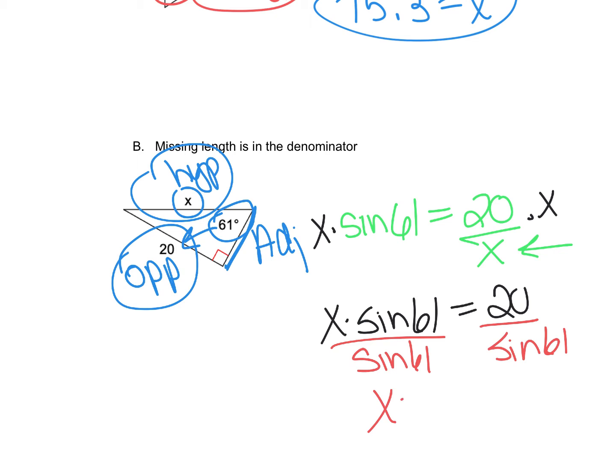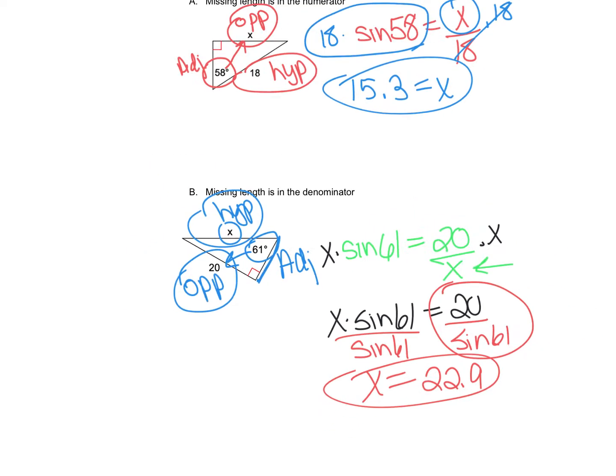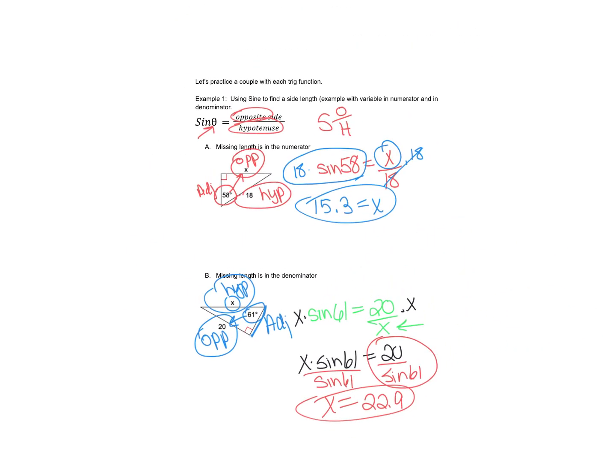So in our calculator, this is what we are going to put in our calculator, 20 divided by the sine of 61, and we get 22.87 or 22.9. Okay, so that's how you use sine. Now I'm going to go ahead and do 2 examples with cosine and 2 examples with tangent.